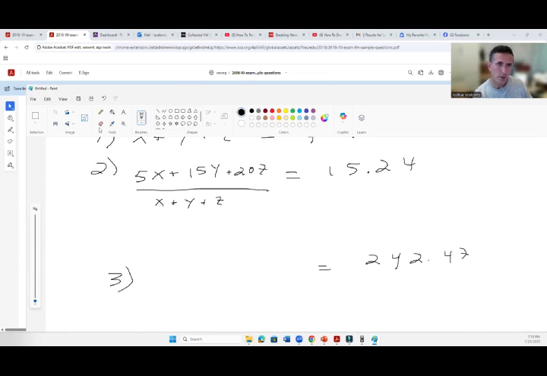That is going to be 5 squared x plus 15 squared y plus 20 squared z all over the total price, x plus y plus z.